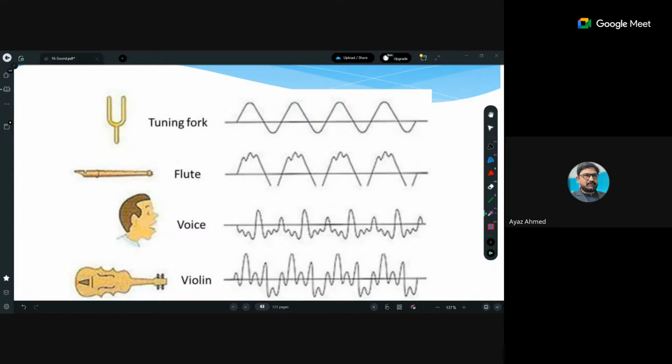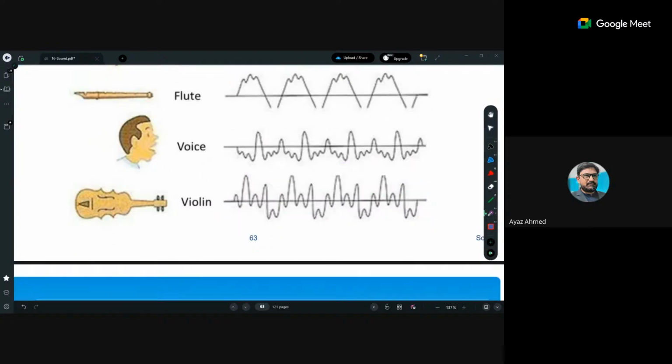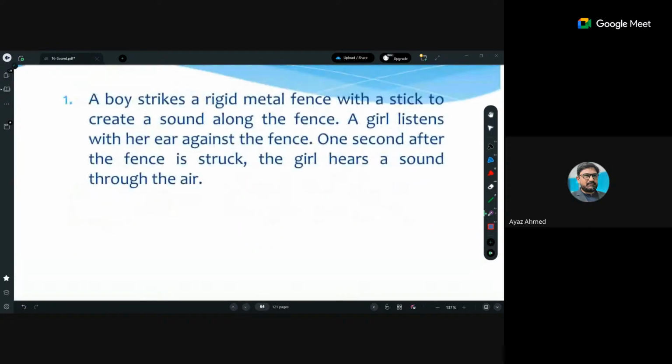For example, this is the tuning fork. It will provide you a sinusoidal wave. But for the flute, the same type of sound will be produced in a different pattern. So you can identify, oh, this is the flute. It is the same person singing along with all these musical instruments, but you can simply say, okay, this is a person's sound. So it is the same loudness, same pitch, but its timbre is different. Same goes for guitar, violin.